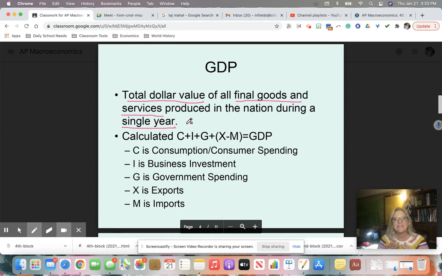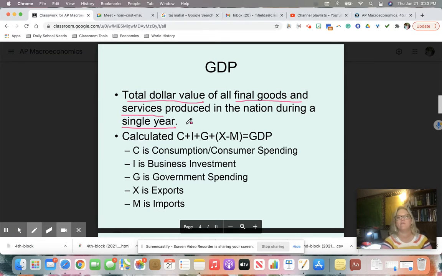That gets a little confusing. You've got to know that it's a total, that we're adding stuff up, that it's expressed in a dollar amount, and that it is final goods and services. It does not include intermediate goods and services. And it is what is produced in the year you're looking at, for example 2020's GDP.